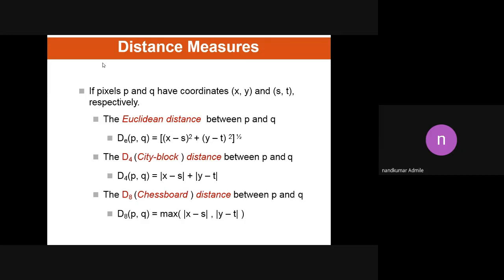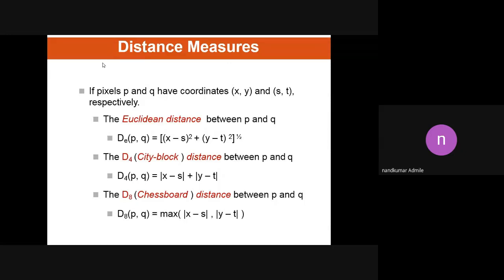Okay, so just keep in mind, take a screenshot of these three formulas. To calculate the distance, we consider two pixels. One pixel is pixel P and another pixel is pixel Q. We can represent each pixel with two coordinates.